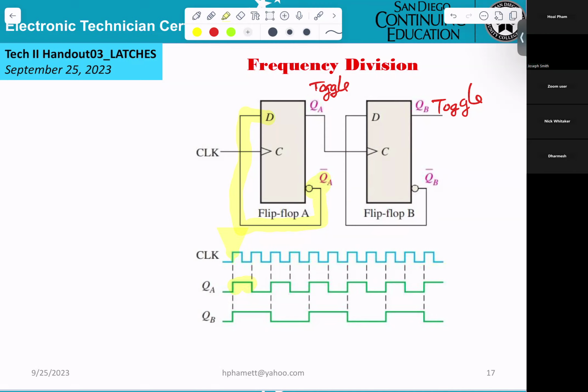And QA now will be the clock for the second one. So for the second one, the clock will be here, when you get a 0 to 1.